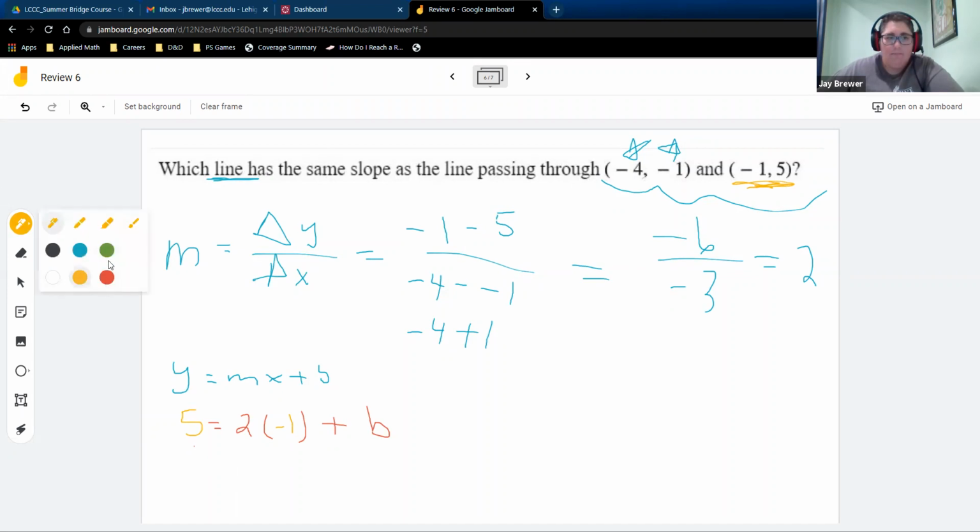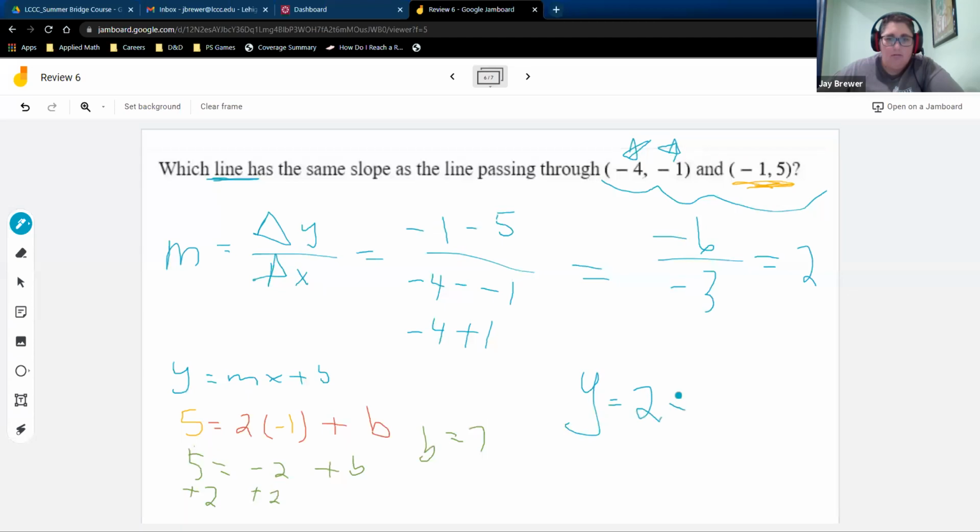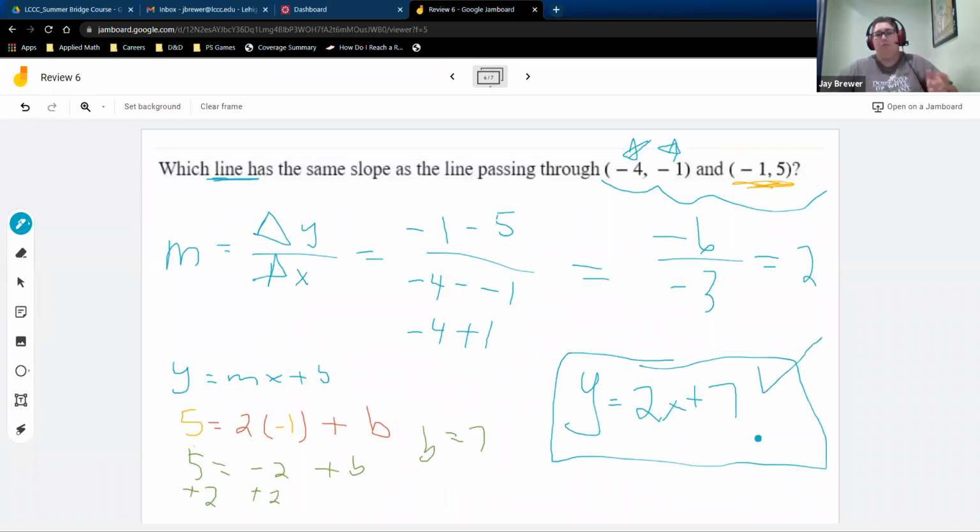So here we get 5 equals -2 plus b. We're going to add 2 to both sides. So then b equals 7. So then your overall answer here is y equals 2x plus 7. And if you wanted to, you could graph that out, and you'll see both of these 2 points are on there.